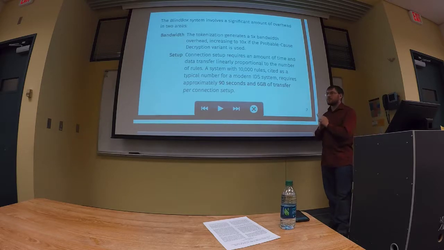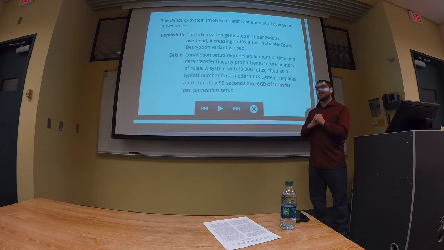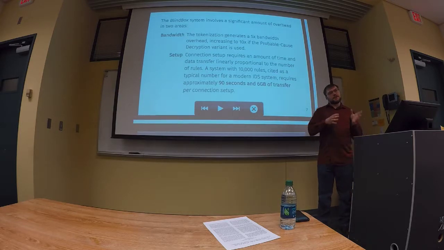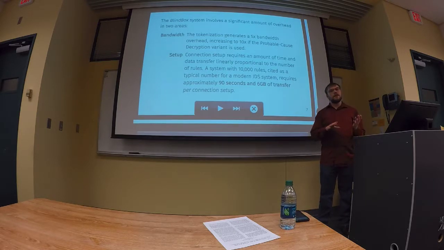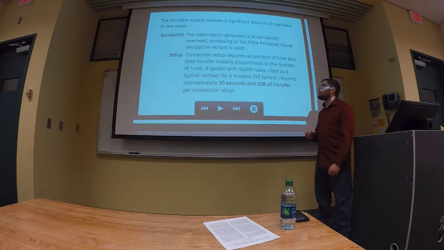There's another critical downside to their system. While the actual search for substring matches is very, very fast compared to existing systems, it requires, like I said, one of the endpoints in the communication to collaborate with the middle box during the connection setup.